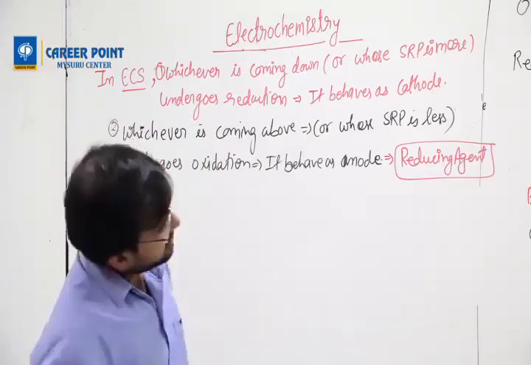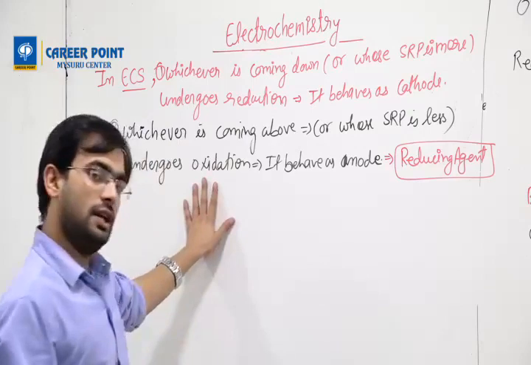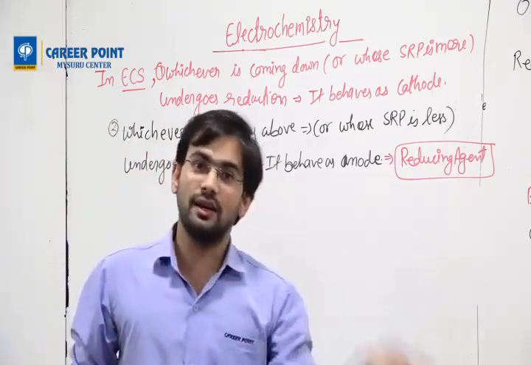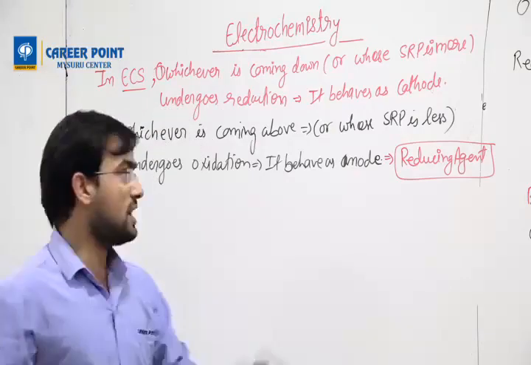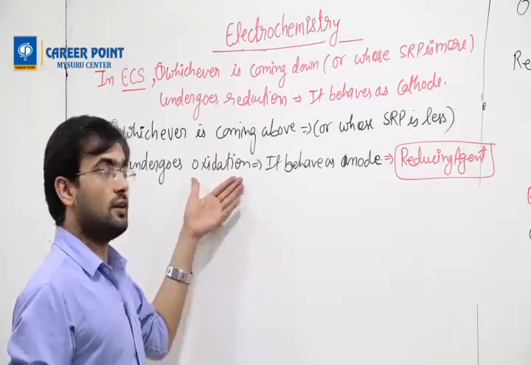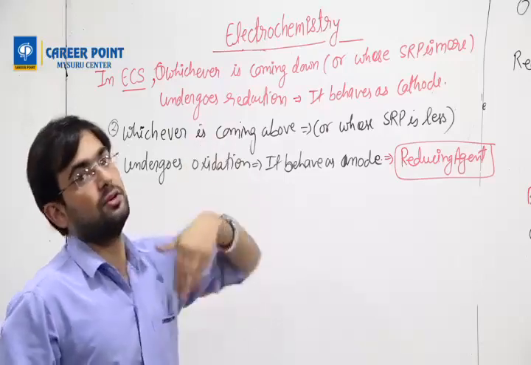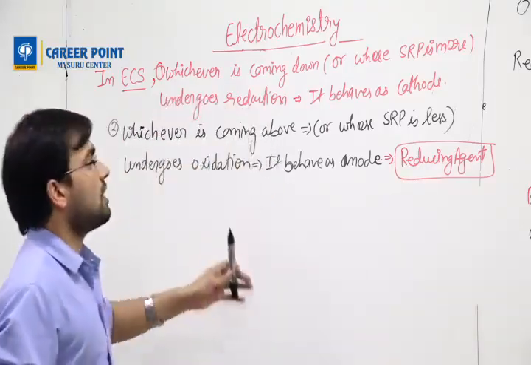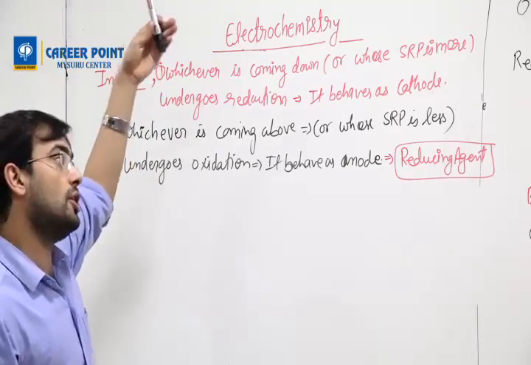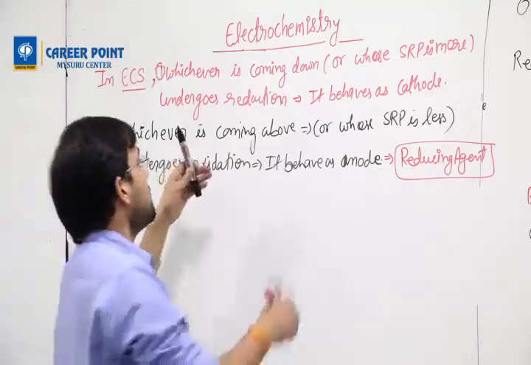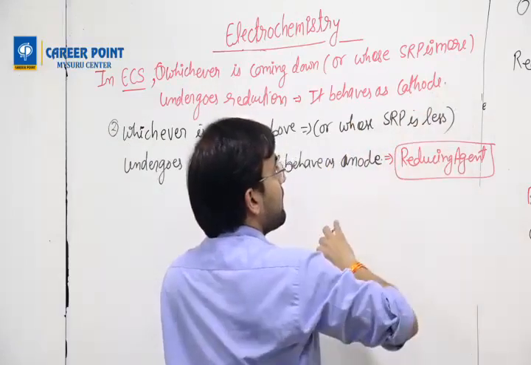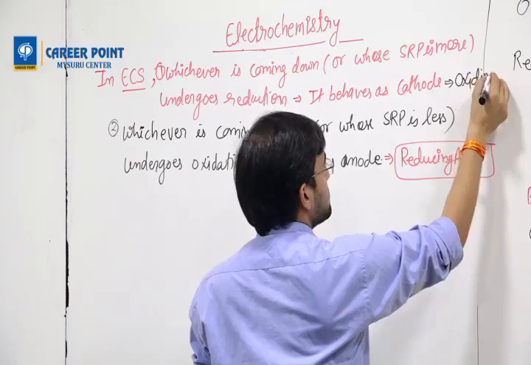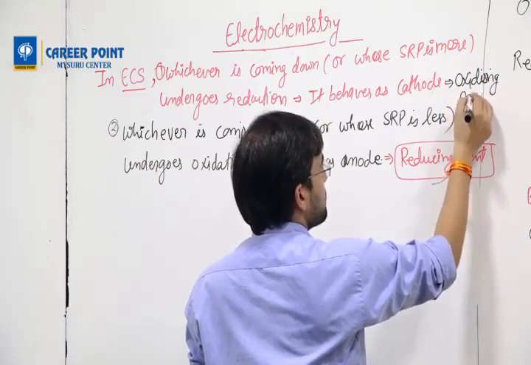Those species which undergo oxidation, or those species which reduce others, themselves get oxidized. So whichever are coming above are good reducing agents. Whichever are down are good oxidizing agents.